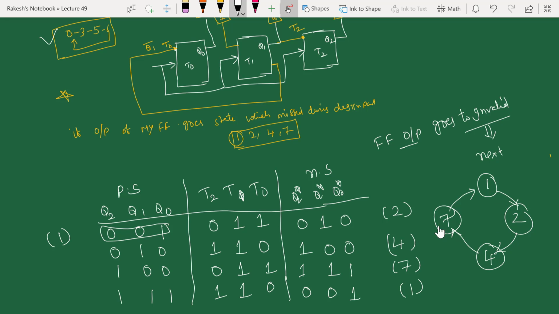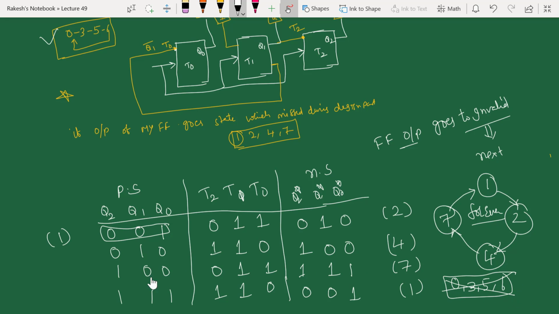So that means if the counter, unknowingly or due to some fluctuation in the circuit, goes to any one of the states, either 1, 2, 4 or 7, it will be in the loop forever. Your circuit is no more going to count the 0, 3, 5, 6 sequence.